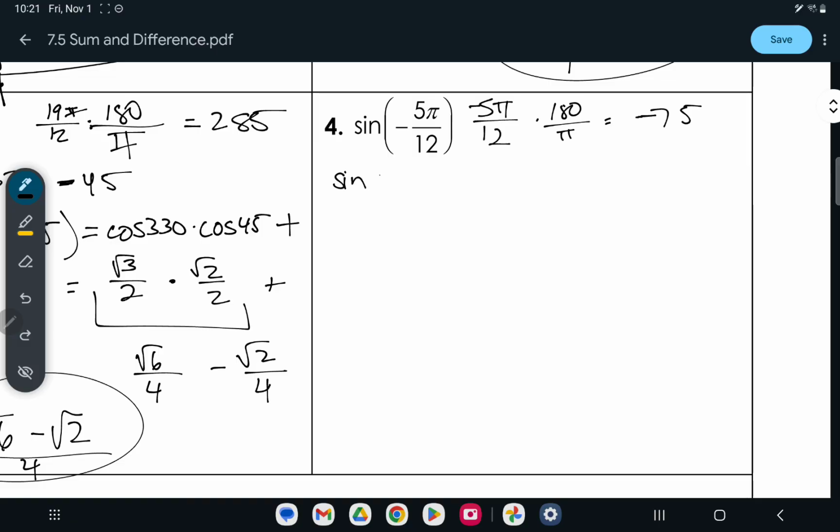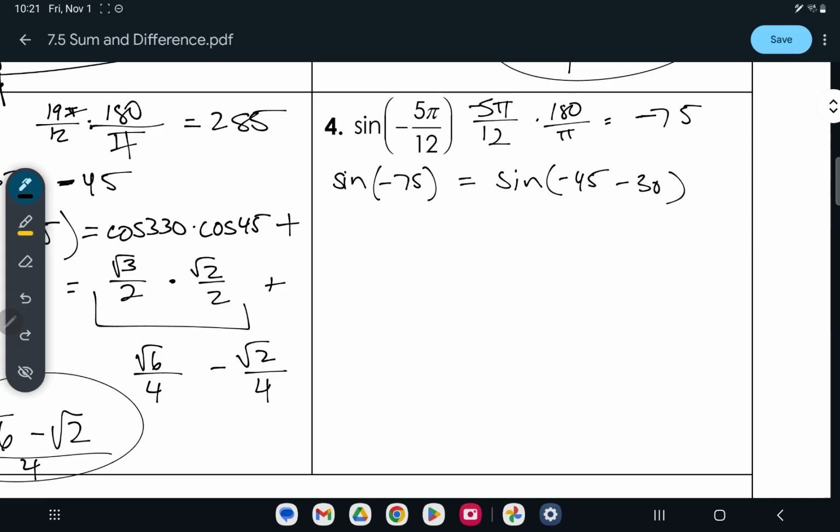So sine of negative 75, I could split that to be sine of negative 45 minus 30.